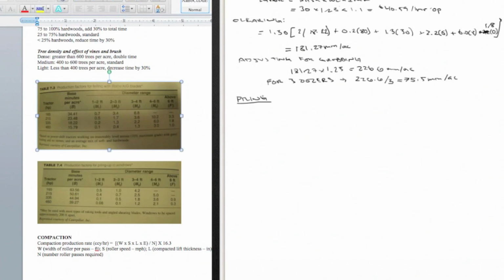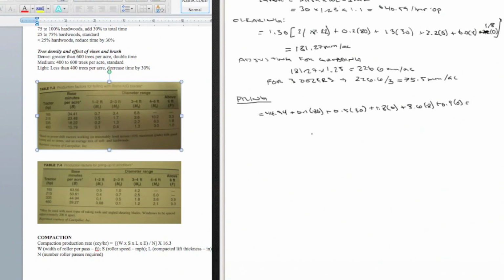Plugging in all those values, B is 44.94, plus M1 N1, in this case 0.1 times 80, plus 0.5 times 30, plus 1.8 times 0, plus 3.6 times 8, and then our dF is 0.9 times 0.